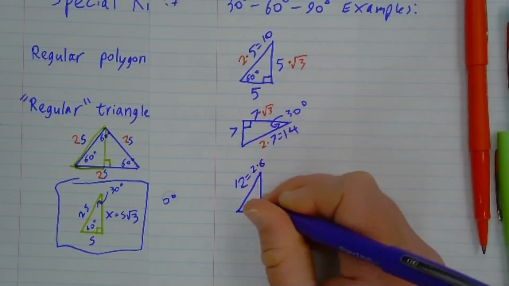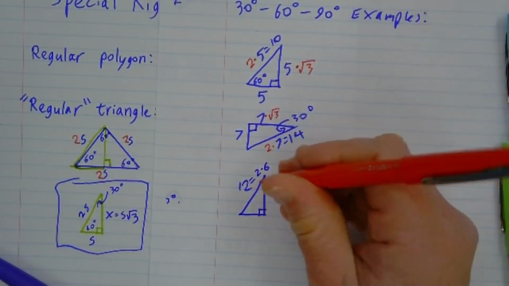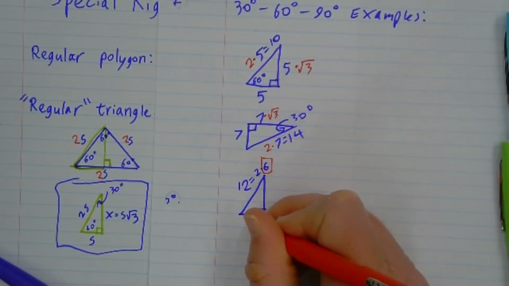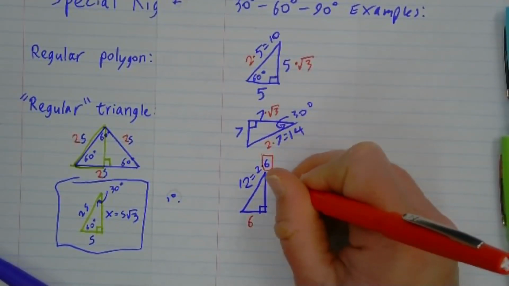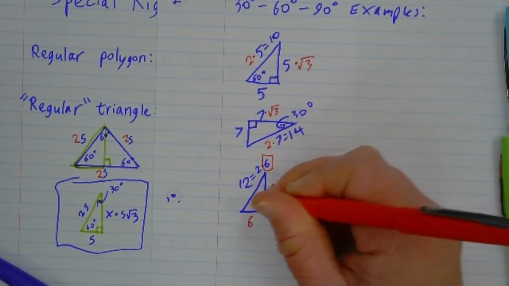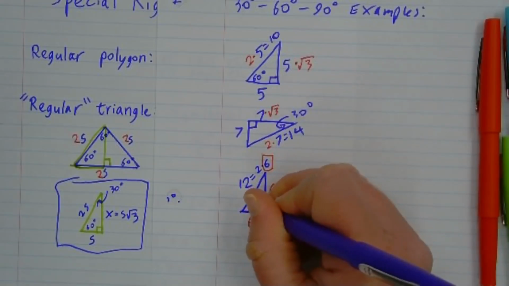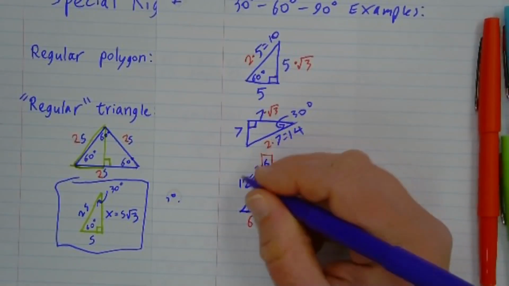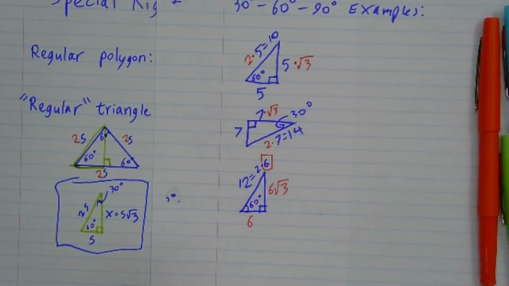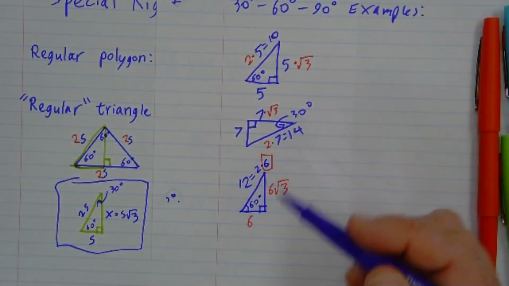So that means this side is 6, and this side is 6 root 3. Again, I would have needed to know one of these was 60 or 30 to do this trick. It doesn't work for just any triangle. So it is much faster if you have a 30, 60, 90 triangle to use this trick.